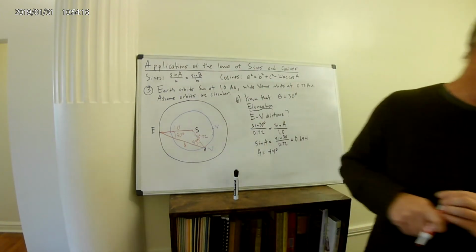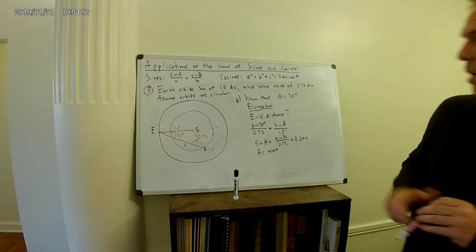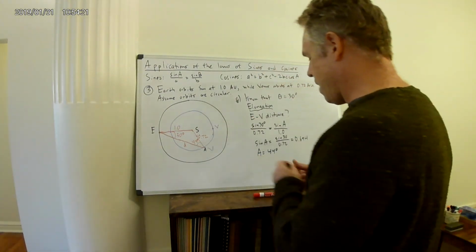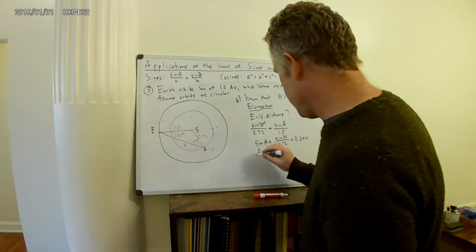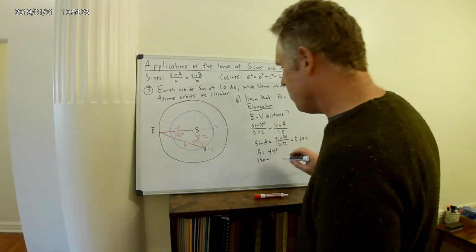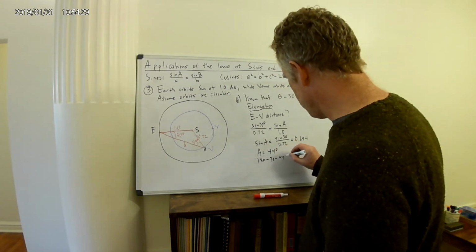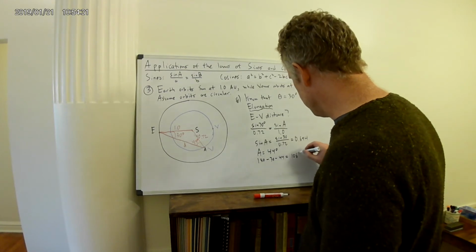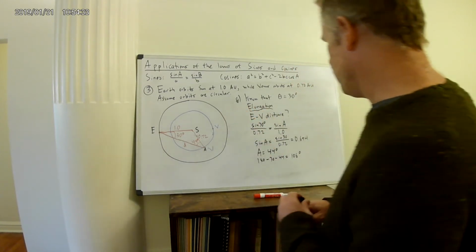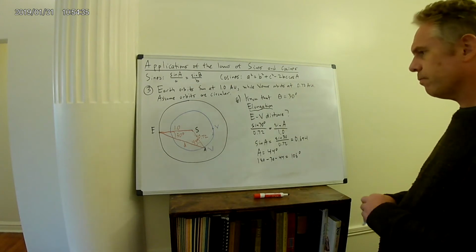Okay, and now I can figure out my other angle. So now I can figure out this angle, right, has to be 180 minus 30 minus 44, and this equals 106. So this angle right here is 106 degrees.